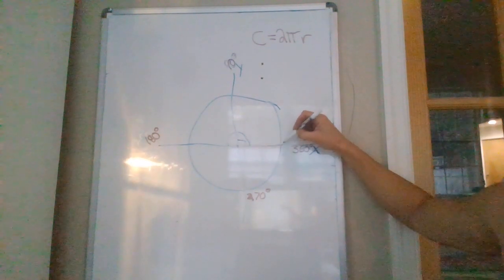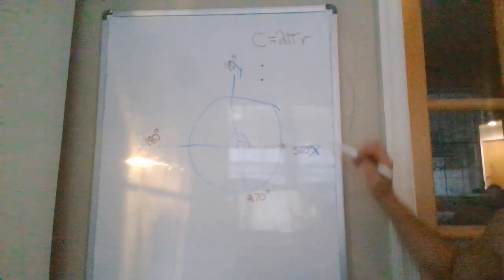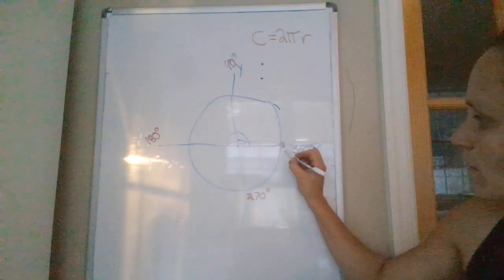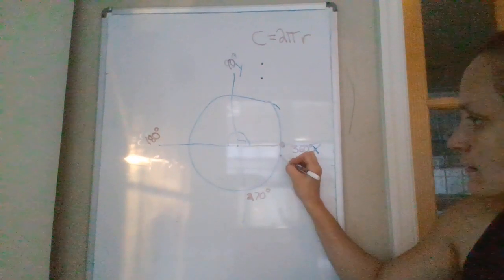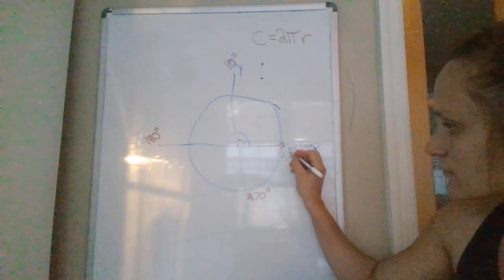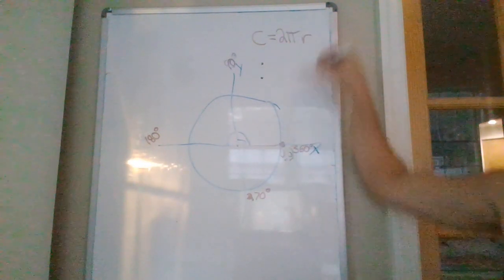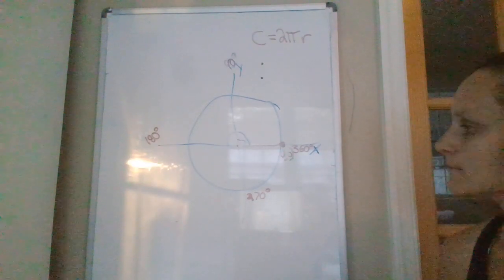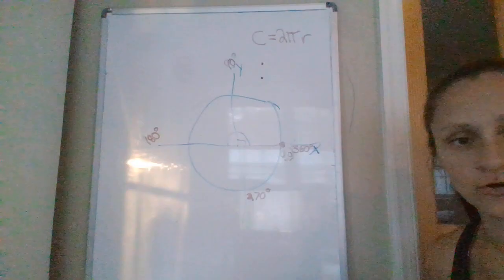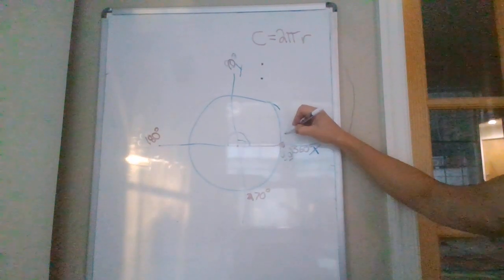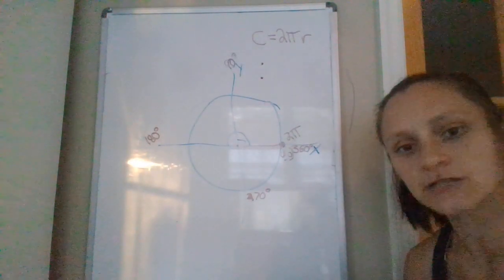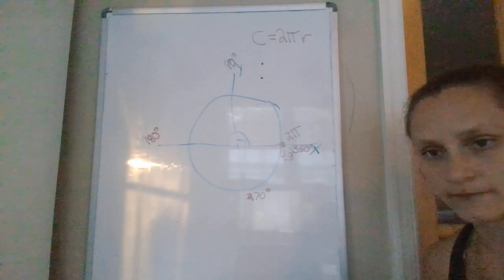On a coordinate plane it would fall on the point where x is 1 and y is 0, because we haven't moved upward yet. If we went all the way around the circle, the total distance would be 2 times pi times the radius, but the radius is just 1.